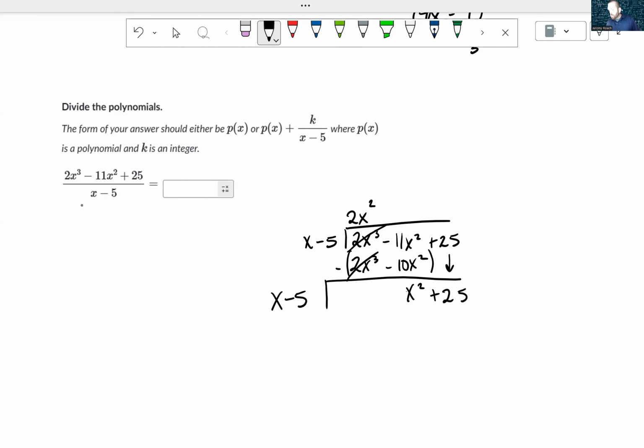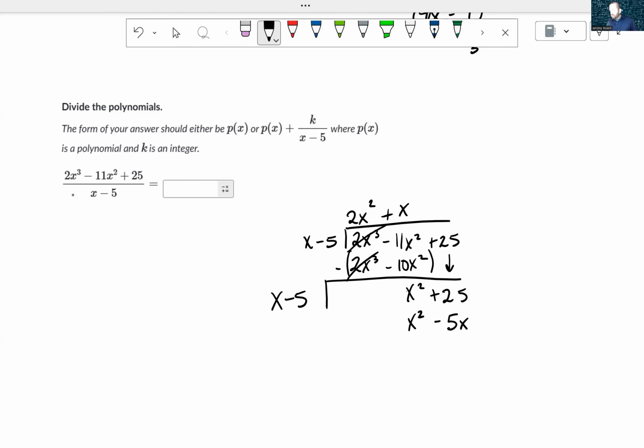Now here's our next part that we're dividing by. We're saying x squared plus 25 divided by x minus 5. So we ask ourselves, how many x's, x times what is x squared? X times x is x squared. Now we multiply x times x and x times negative 5. That gives us x squared minus 5x.